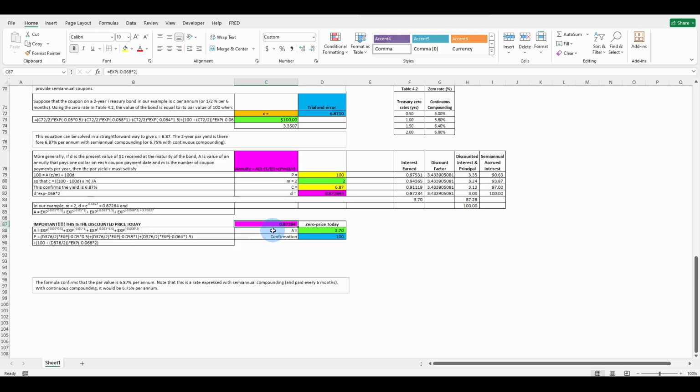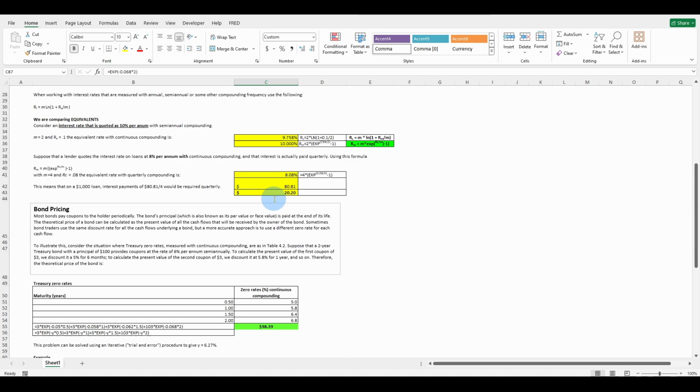We looked at the discount price today. That is the 6.82 times 2. Everything revolves around this zero coupon and discounting it back at the current price, which is e^(-0.0682 x 2). And then A is equal to this, which we've used time and time again. There you go.